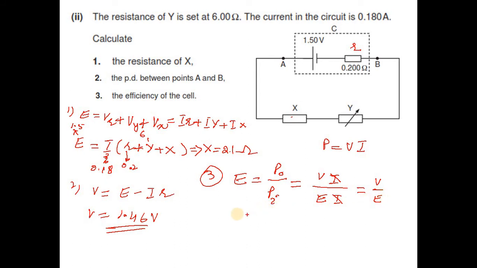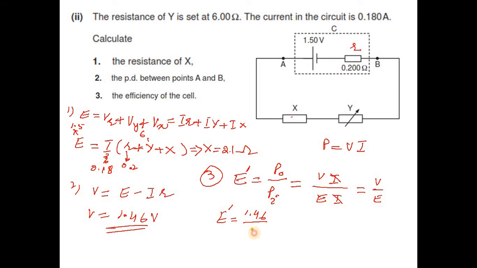Yes, just don't be confused with this E and this E. It's better if I change the symbol for this E. So this E dash I am using for efficiency, and this E is EMF. Okay, so E dash is equal to terminal potential difference 1.46 divided by EMF.